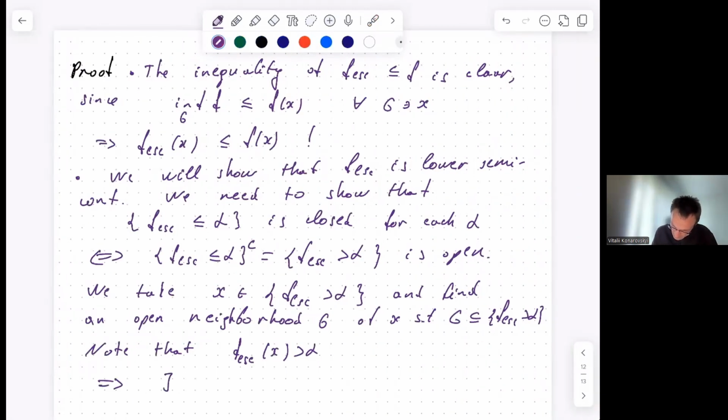This implies that there exists an open G such that, first of all, f lower semi-continuous of x is larger than or equal to the infimum over G of the function f, and it is larger than alpha.